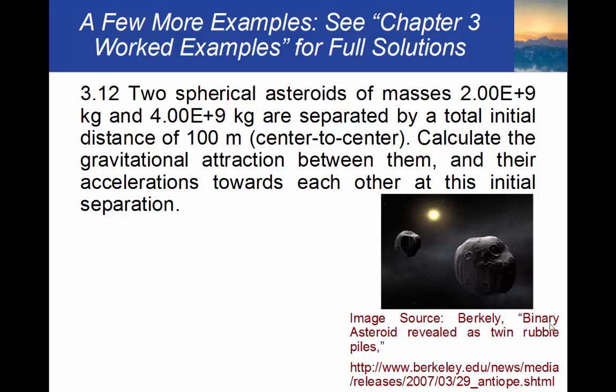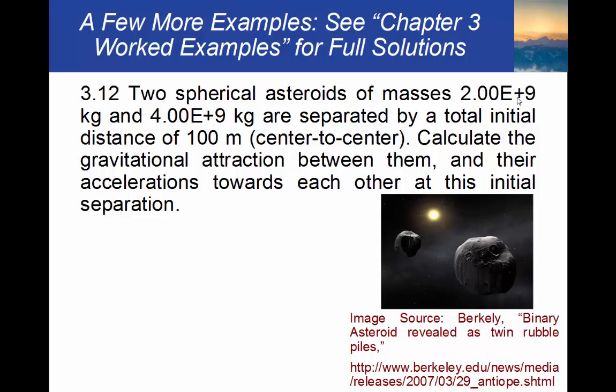Now, before I go ahead and calculate the answer to this for you, before I work this example for you, in other words, I wanted to remind those of you watching that this E plus 9, this capital E plus 9, is how you enter scientific notation within a computer context.